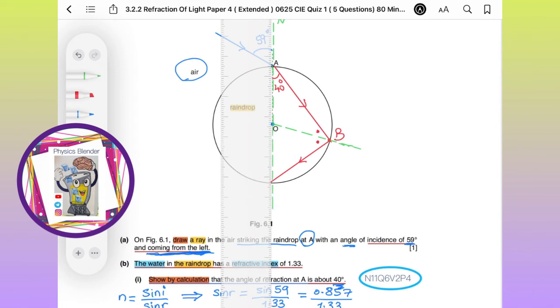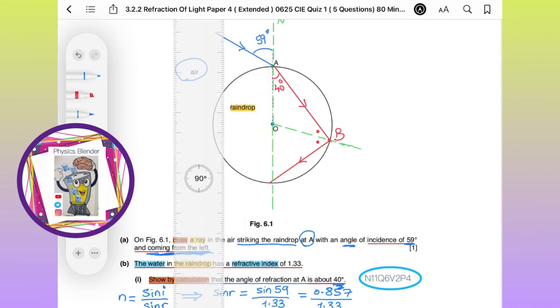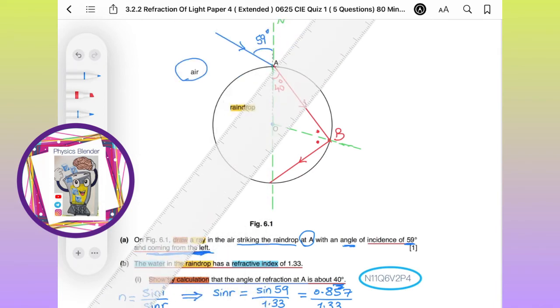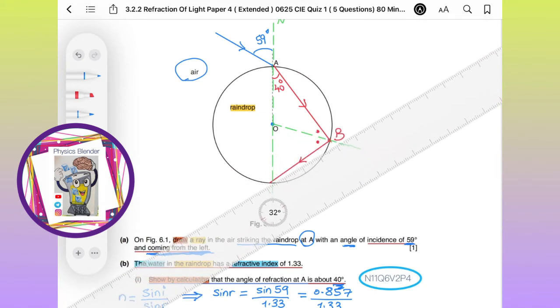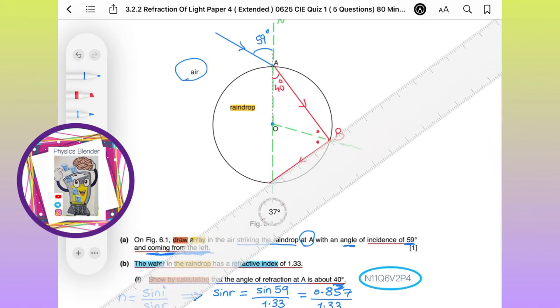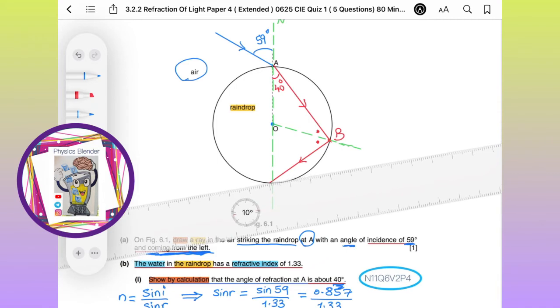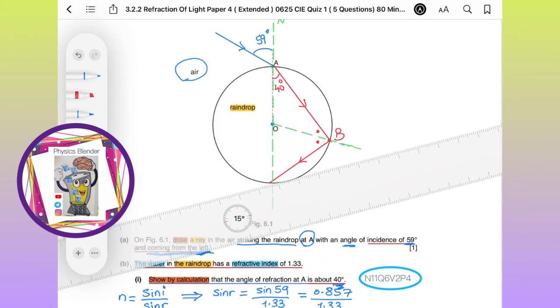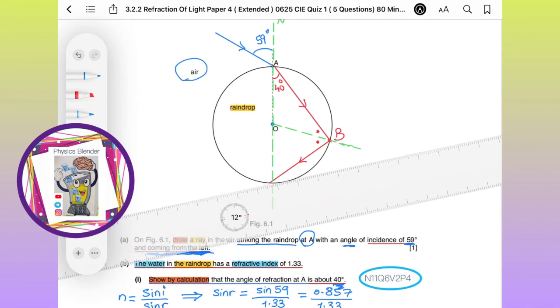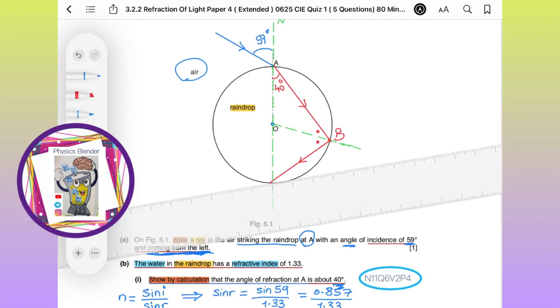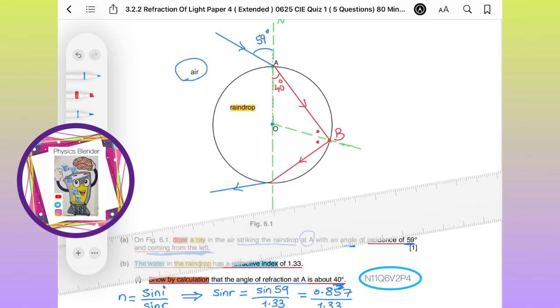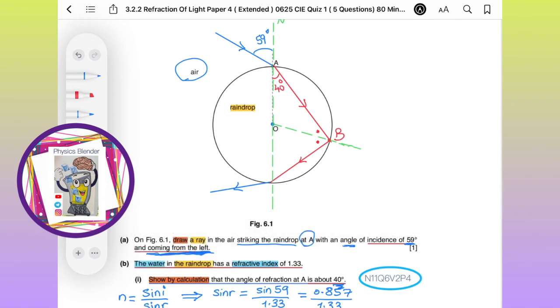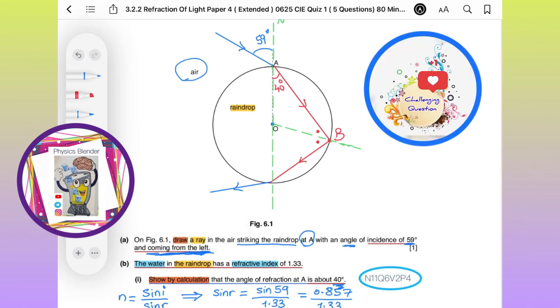Okay, and from the raindrop, which is water, it emerges in air, so it will not continue in this direction. It will be refracted away from the normal. Here we have the tricky part, it's a curved surface.